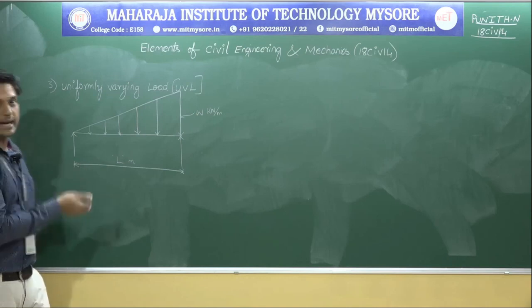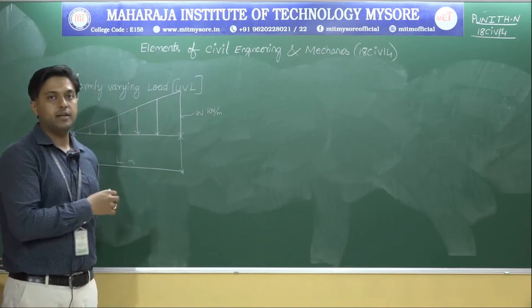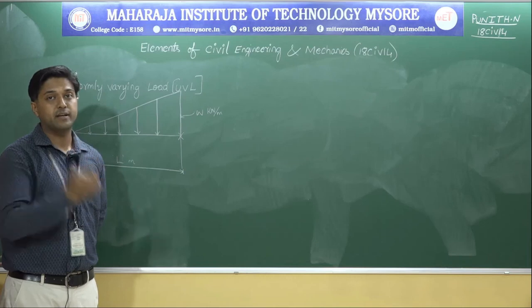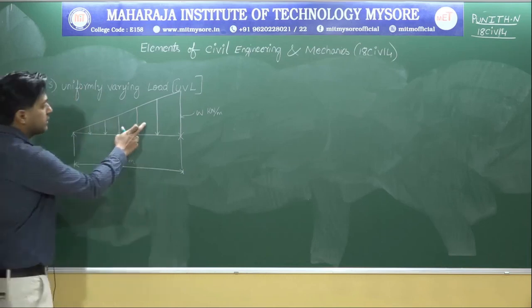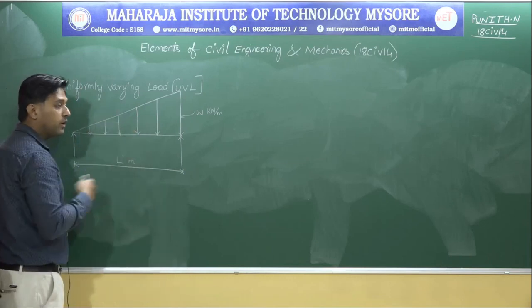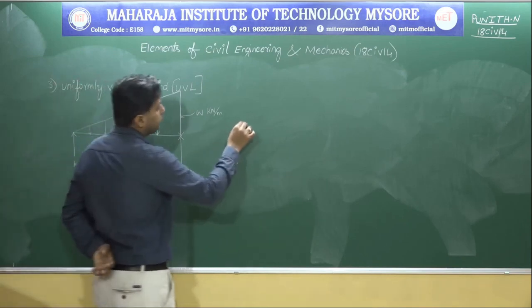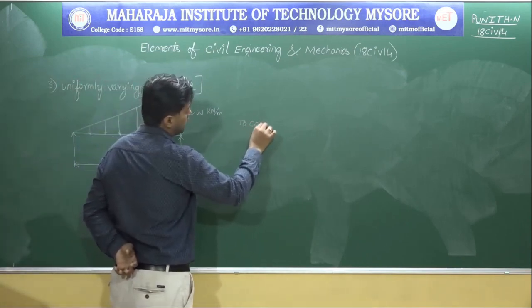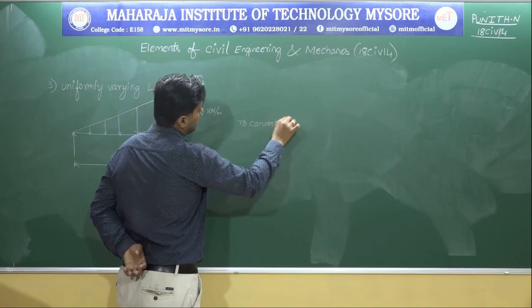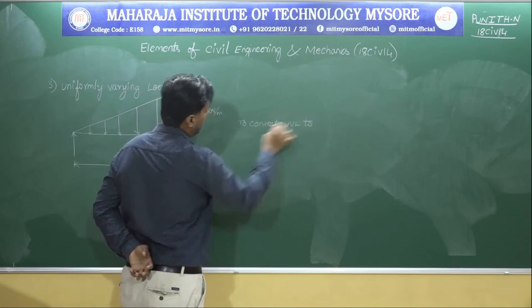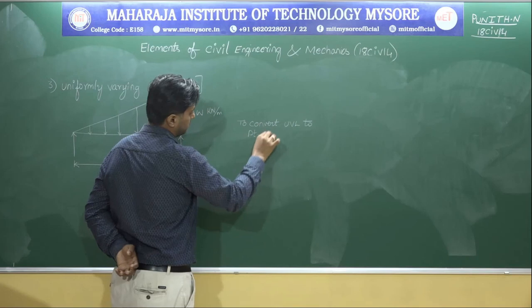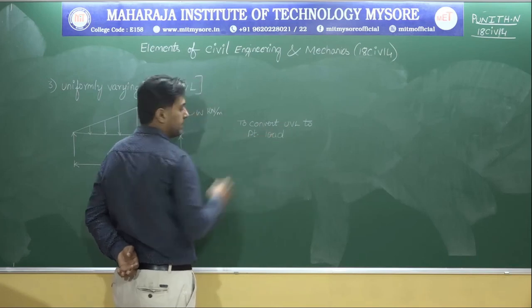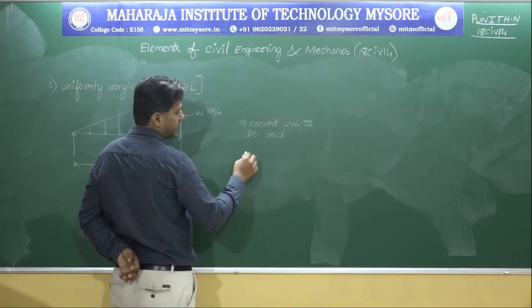As I told you in the starting itself, in civil engineering we have the sign convention only for point load. So I need to convert this UVL to point load. How to convert it? To convert UVL to point load, we have a formula, that is half into base into height.